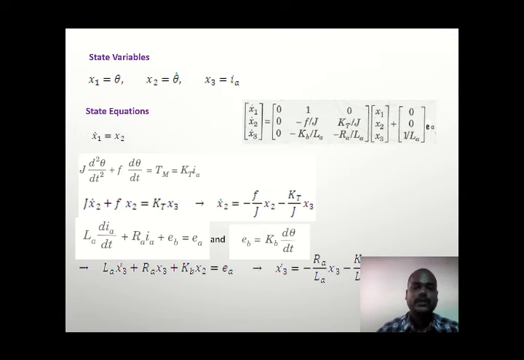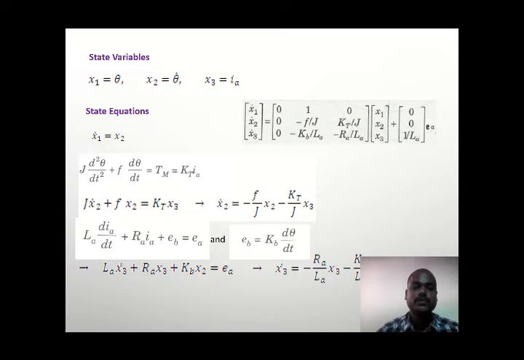So after sorting everything out, we can see that in the first state equation, x1 dot equals x2, just a simple relationship between state variables theta and theta dot. So here x1 dot equals x2. If we split it into matrix product, we can see that x1 dot equals x2.